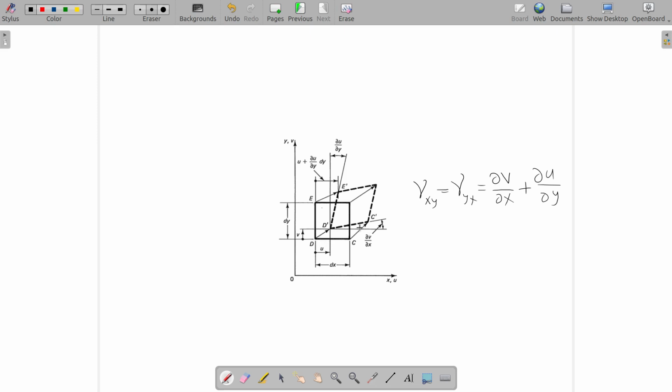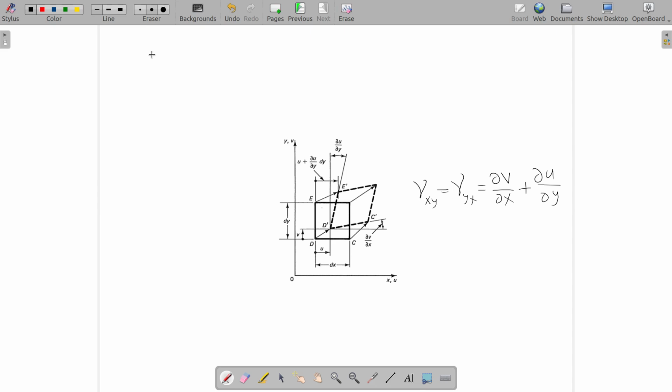So these u and v are displacement components, x displacement and y displacement. So when this little element deforms to this shape, the strain is defined as the sum of these two components.